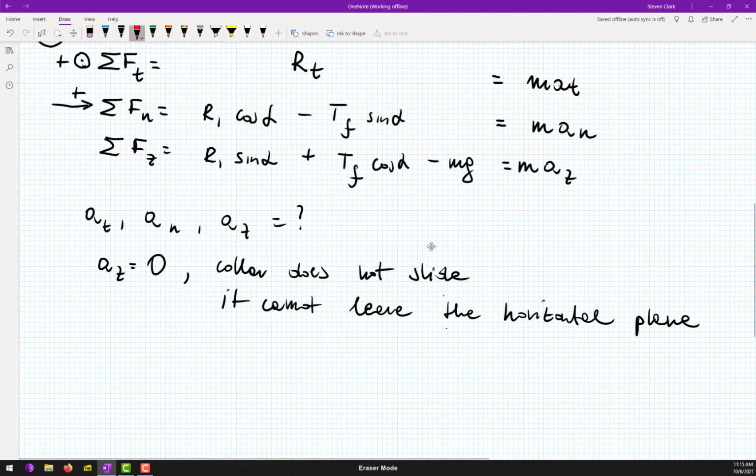Okay, so this will be 0. So that means that this entire equation will be equal to 0. Okay, so we are done with this guy.